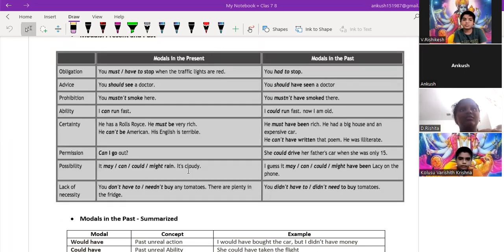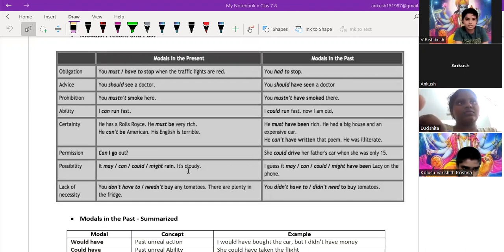Means, sir, he should read prohibition. Prohibition was there above. But Rishikesh will complete that. Rishikesh, please read prohibition. Which modal is used there? Yes, sir. Sir, for prohibition they are using, in the present, must. It is actually must not.